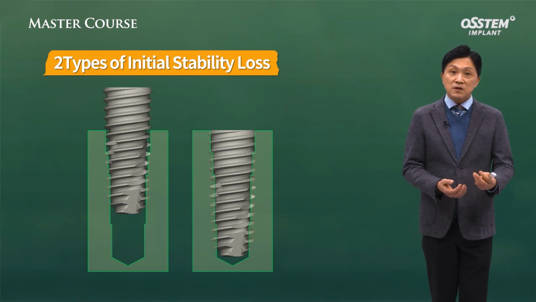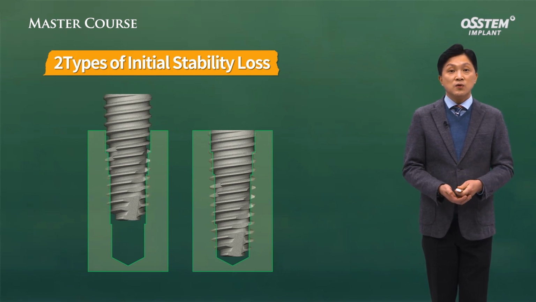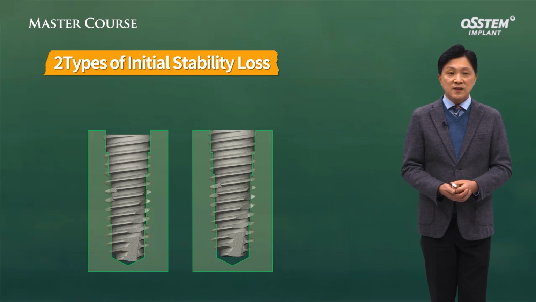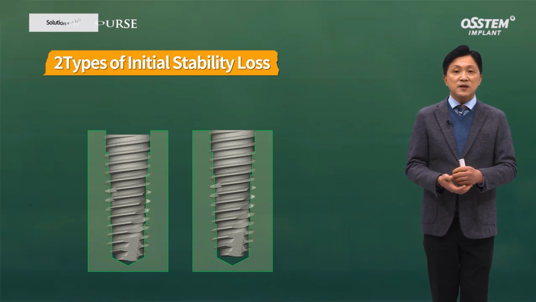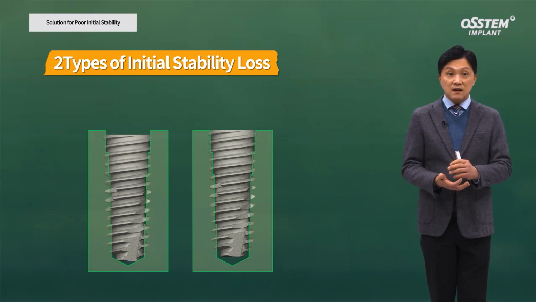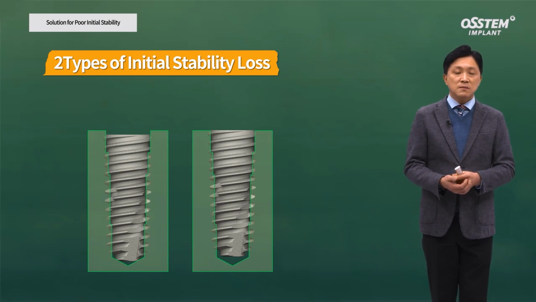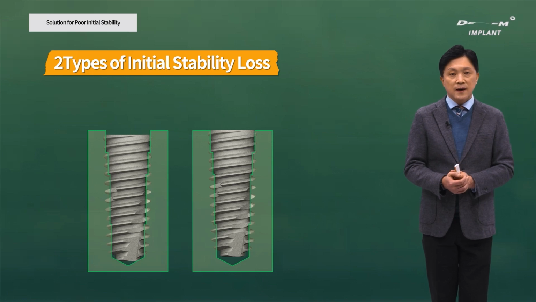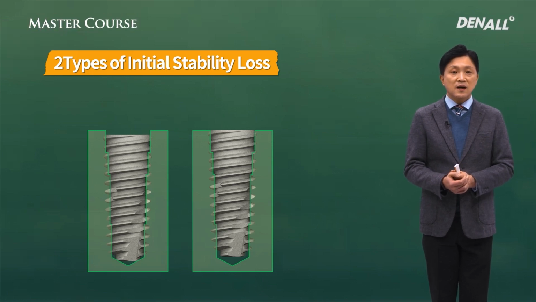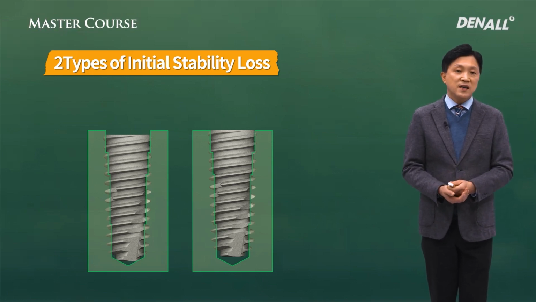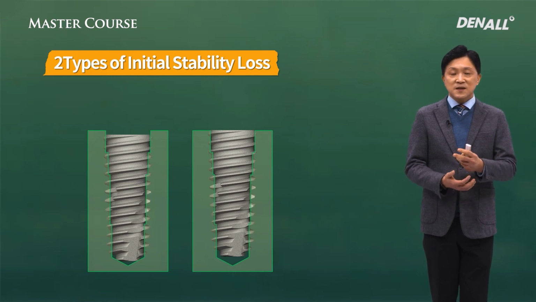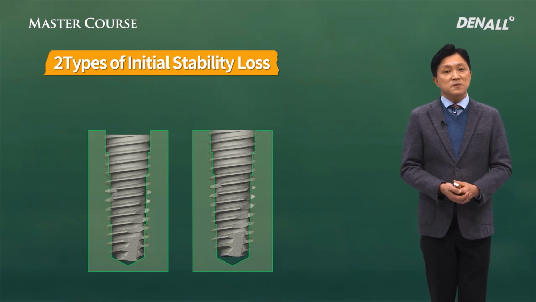First, as we know, insertion torque cannot be achieved when the bone is soft. From the beginning to the end of placement, initial stability is poor because bone is very soft. So these two are very unfavorable conditions.